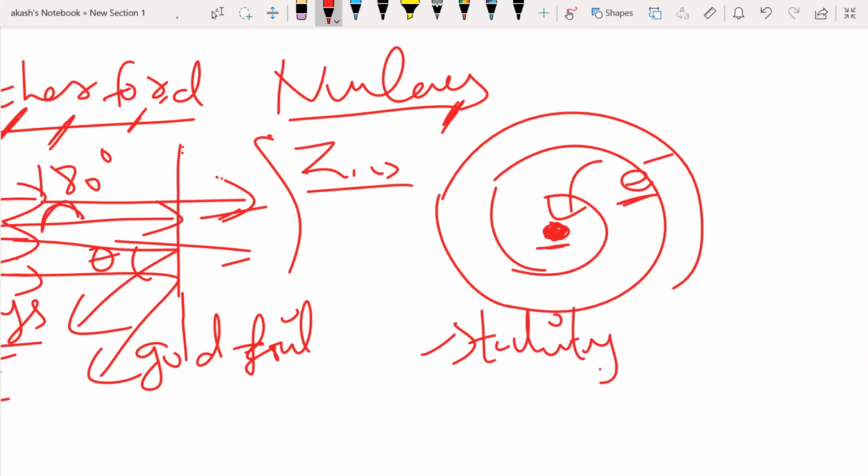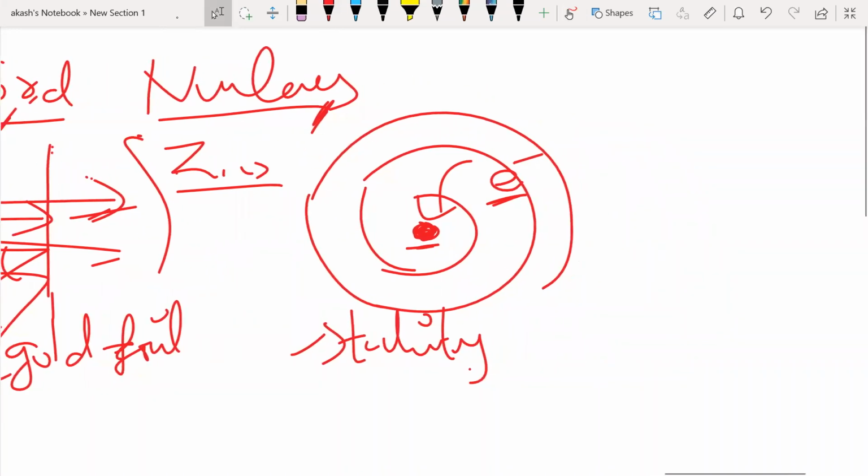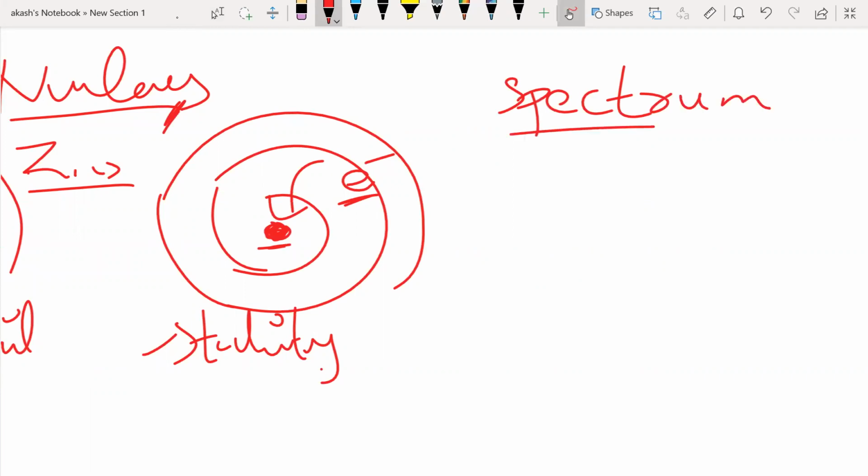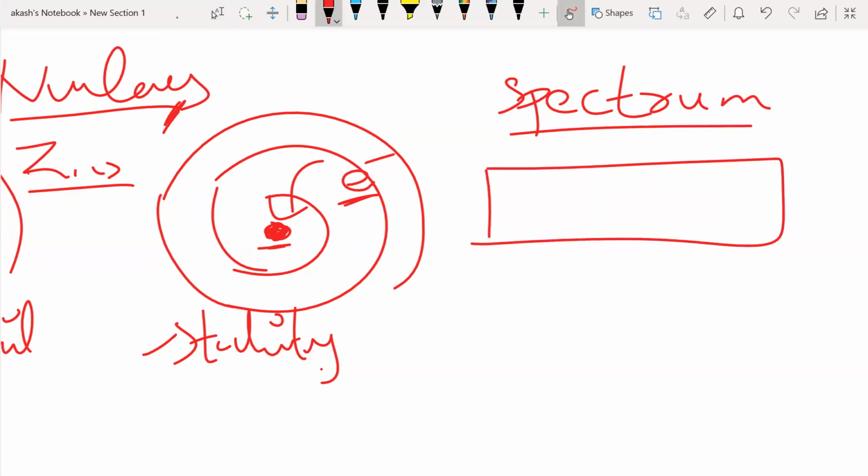And one more demerit of this is that there is something called a spectrum. A spectrum is a collection of wavelengths and frequencies. When I say spectrometer or spectrometry, I have a scale from 0 to lambda, with all these things graduated.